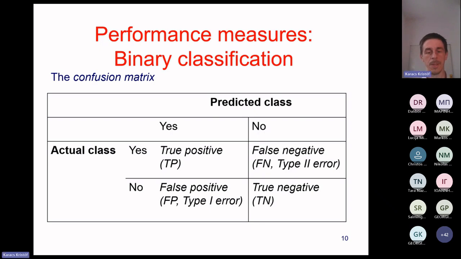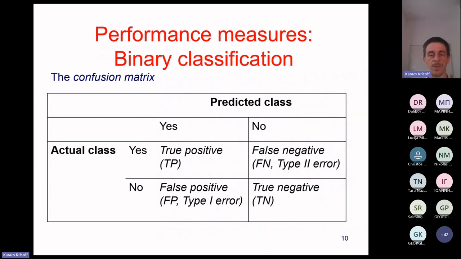The other true case is when you get it correctly for the negative label. It's called a true negative scenario. And these correspond to the main diagonal of this so-called confusion matrix.